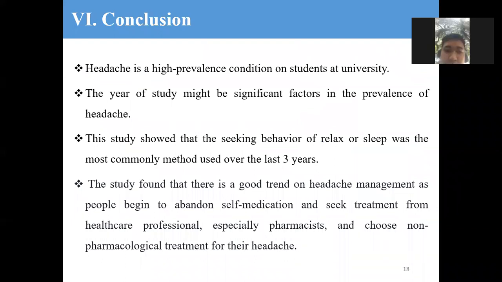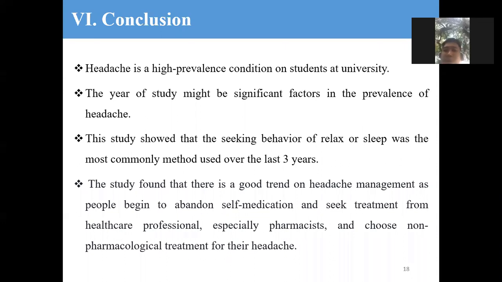Headache is a highly prevalent condition among university students, and the GPA of study may be a significant factor in the prevalence of headache. The study shows that the seeking behavior of relaxing or sleeping was the most commonly used measure over the last year.